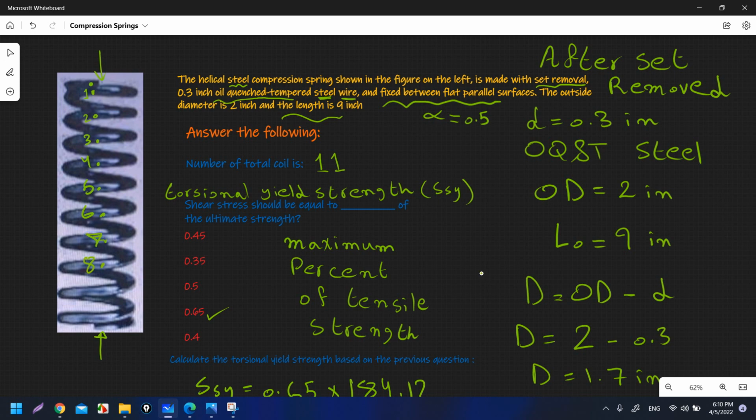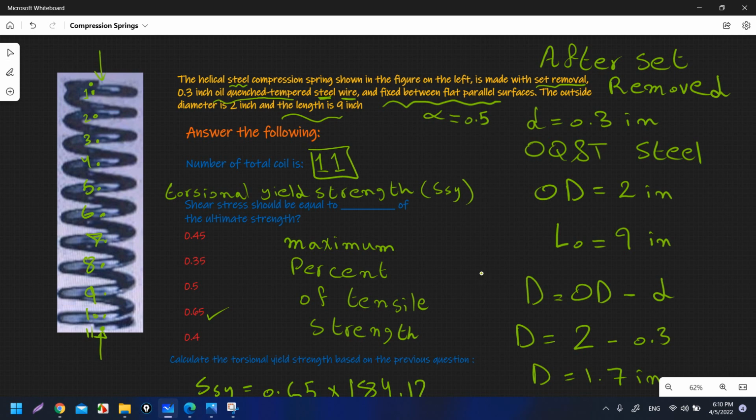This one is 8, 9. This one is 10, and the last one is 11. So the answer for the number of total coils is 11. We will make a video in another one, inshallah, about how to calculate the number of total coils. But here we will focus on calculating the torsional yield strength.